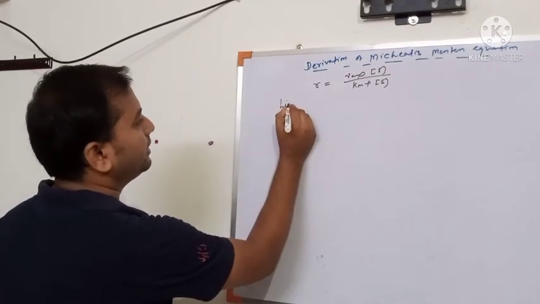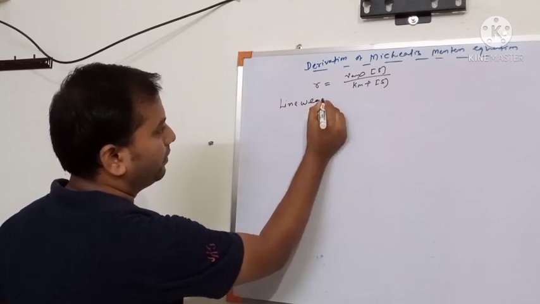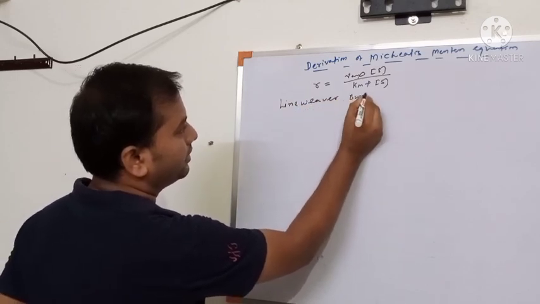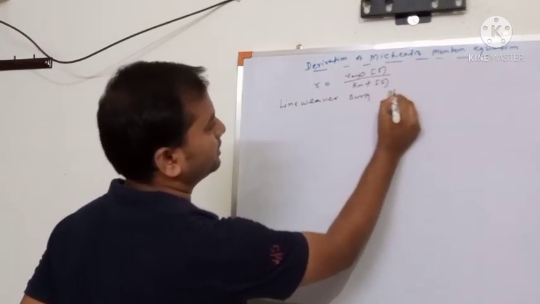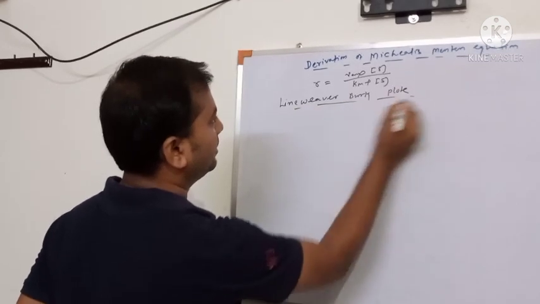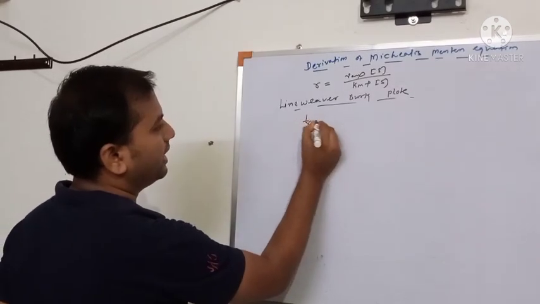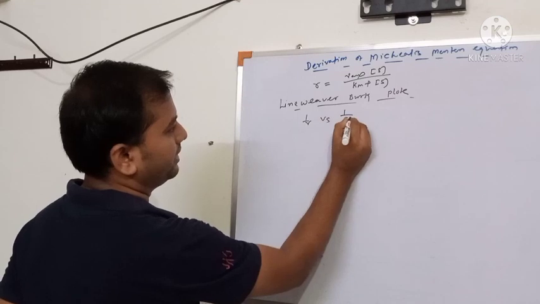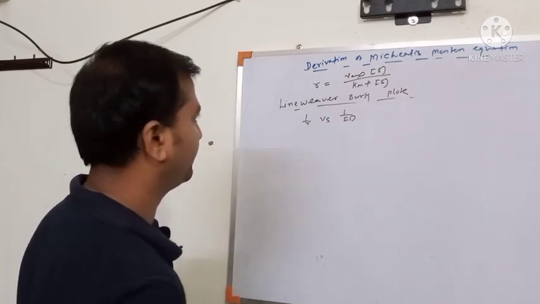In the Lineweaver Burk plot, we plot 1 by R versus 1 by S. This is the Lineweaver Burk plot.